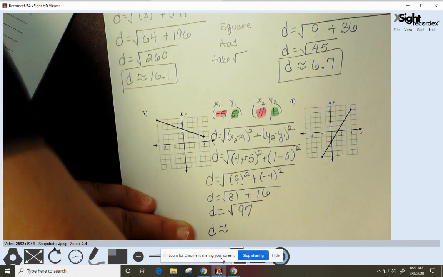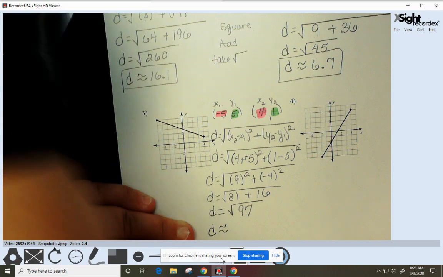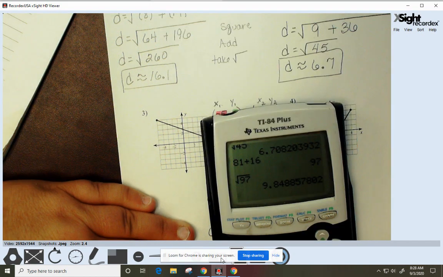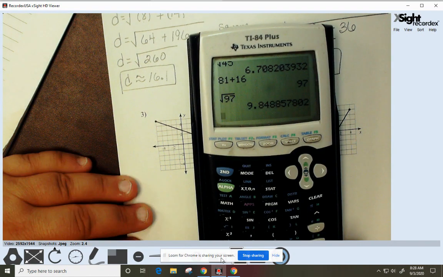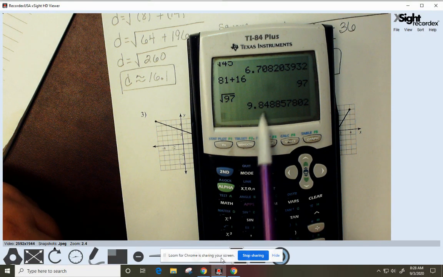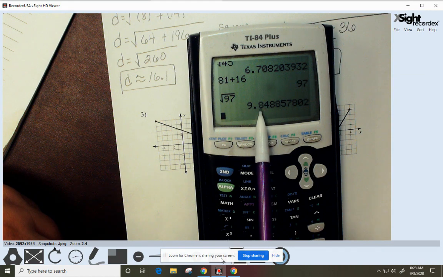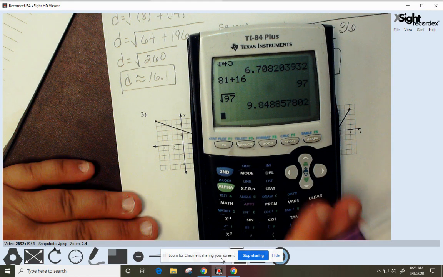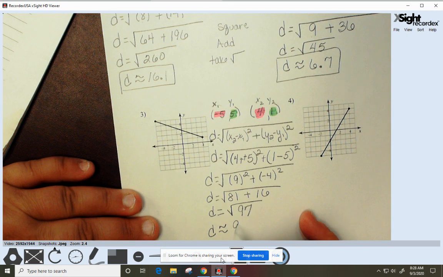And then I want to do the square root of 97. So if you're looking at this, I get 9.84. So you're going to look at that 4. It's less than 5, so I cannot change that 8. So my answer would become 9.8 approximately.